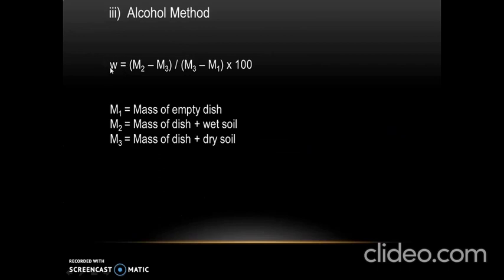Finally, the water content can be determined using the formula w equals M2 minus M3 divided by M3 minus M1, into 100, where M1 is the mass of the empty dish, M2 is the mass of the evaporating dish plus wet soil sample, and M3 is the mass of the dish plus dry soil.